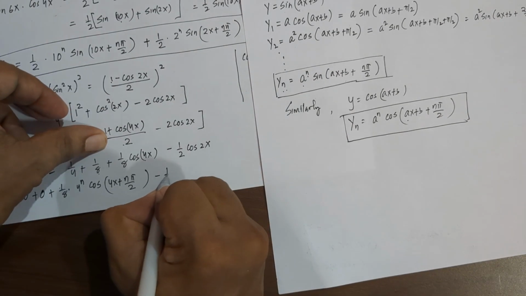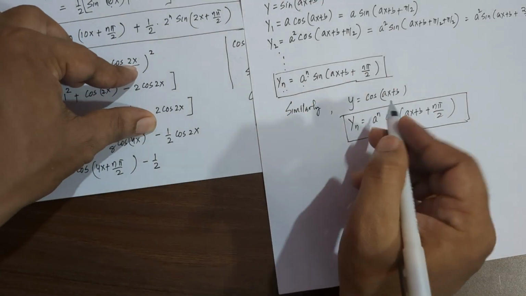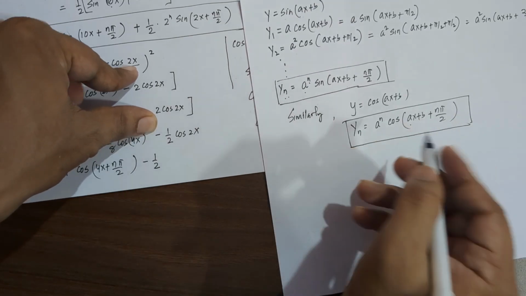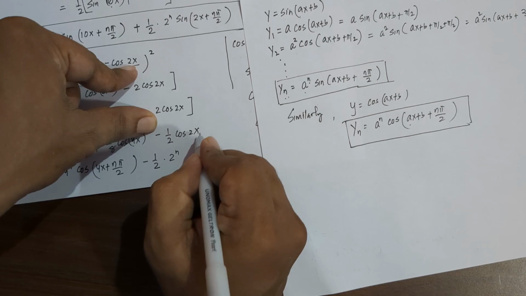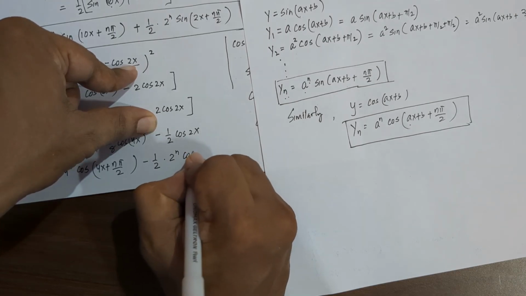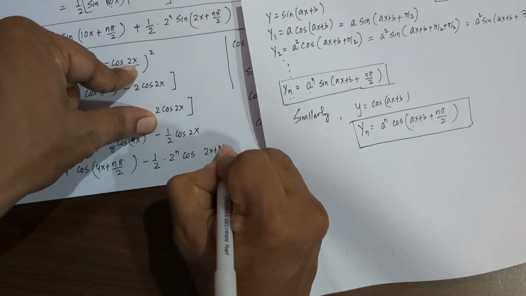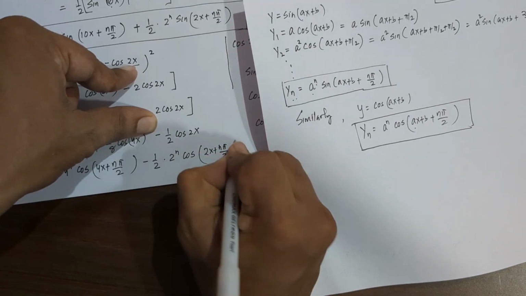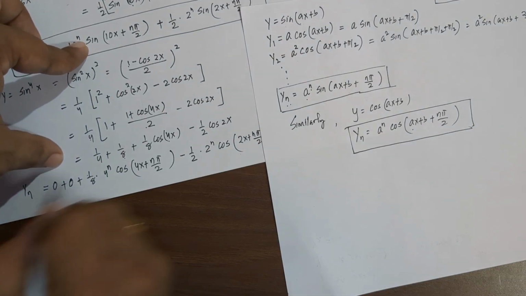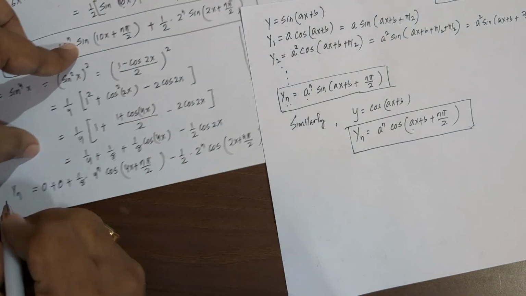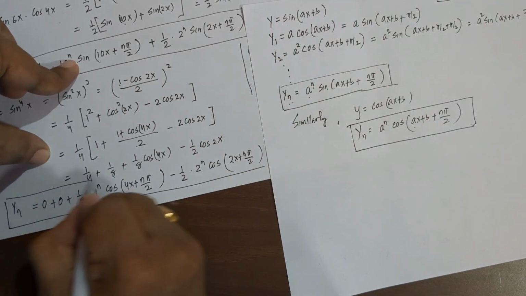Next we have 1 over 2. This is also in terms of cos ax plus b. 2 to the power n, a is 2 and b is 0, cos of 2x plus n pi over 2. This is our nth derivative, or you may simplify this one further. This is our nth derivative of y.